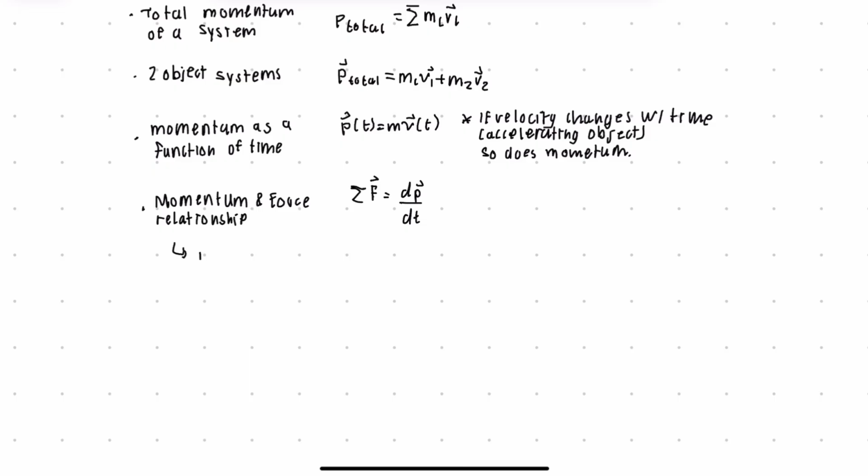And specifically, if mass is constant, then we can simplify this further to the summation of F is equal to m times dv over dt, which is just simply equal to ma. So essentially Newton's second law.